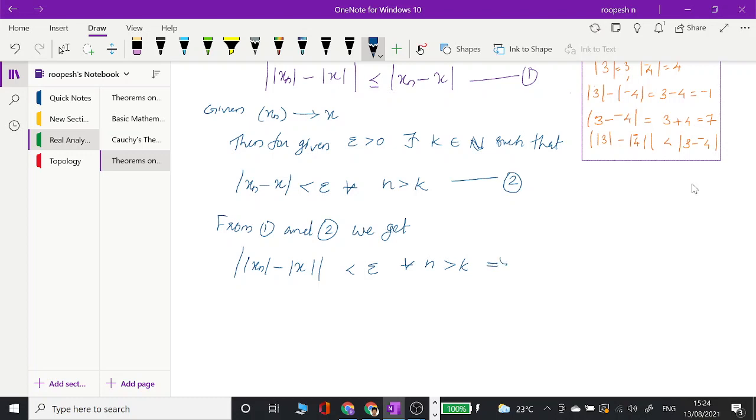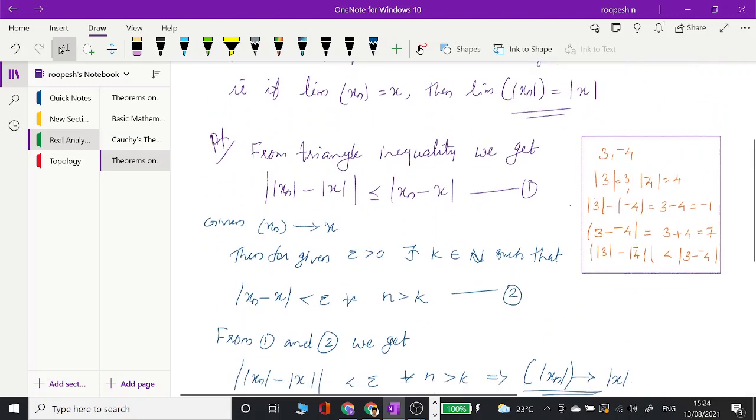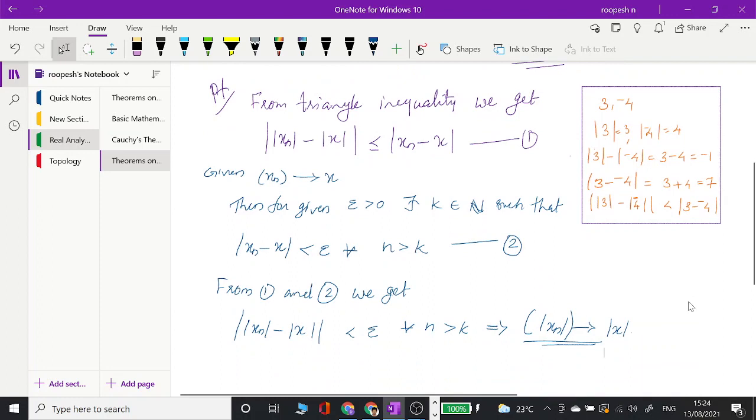And this implies the sequence mod xn converges to mod x. So we have proved that whenever xn converges to x, then modulus of xn converges to mod x.